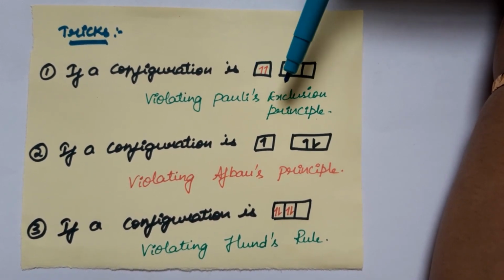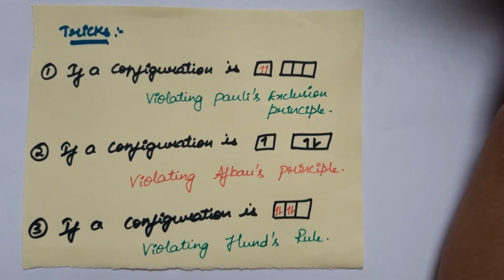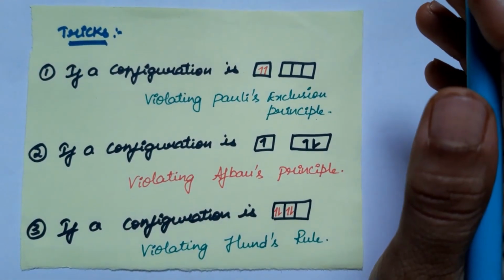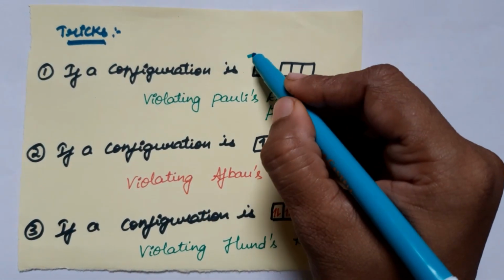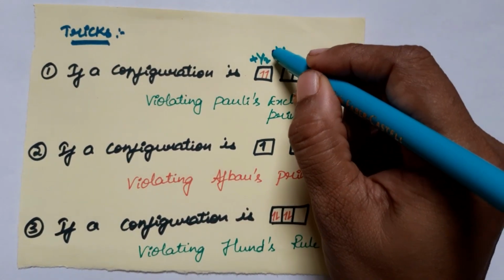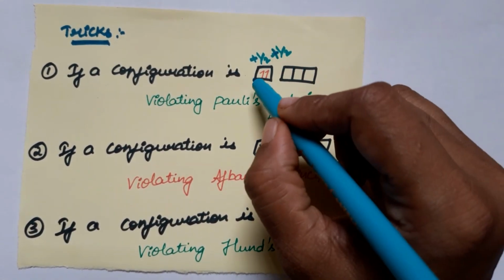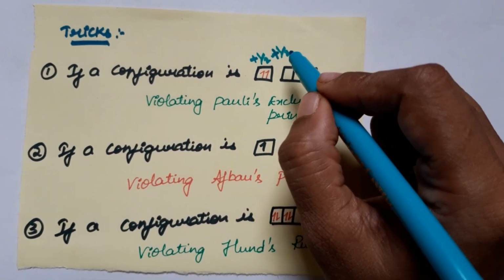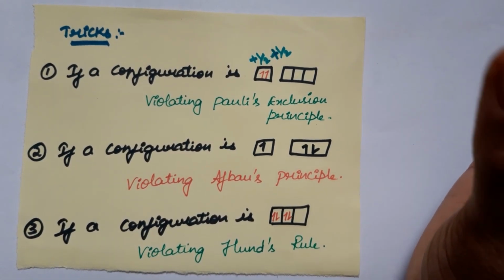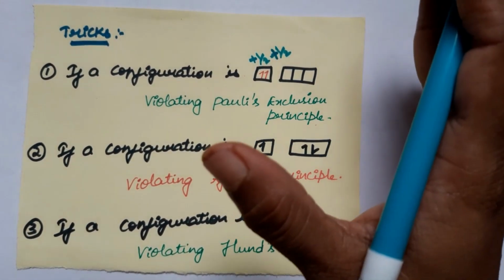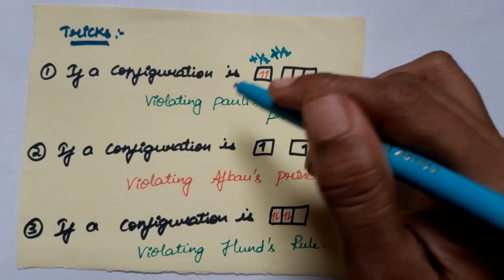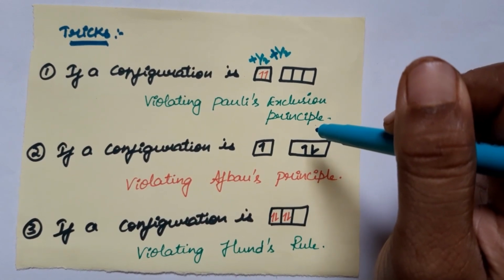If the electrons are like this, here n, L and m are the same, but S is plus half and minus half. According to this trick, if the spins are like this, plus half and minus half, here the 4 quantum numbers are the same. But according to Pauli's exclusion principle, we are not having the same set of 4 quantum numbers. That means here it is violating Pauli's exclusion principle.